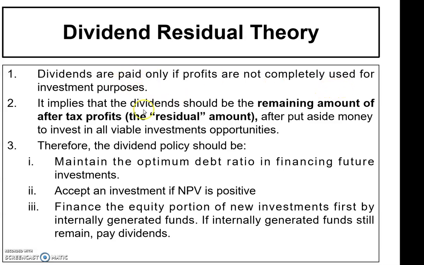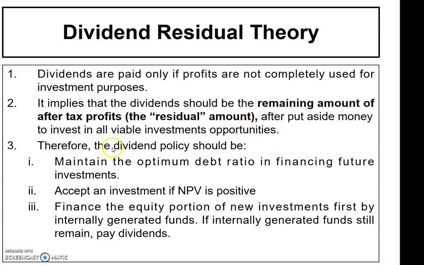That means the earnings of the company will firstly be used for the investment purposes, and then if there is any residual amount, meaning the remaining amount of the earnings, that remaining amount will be paid as the dividend.